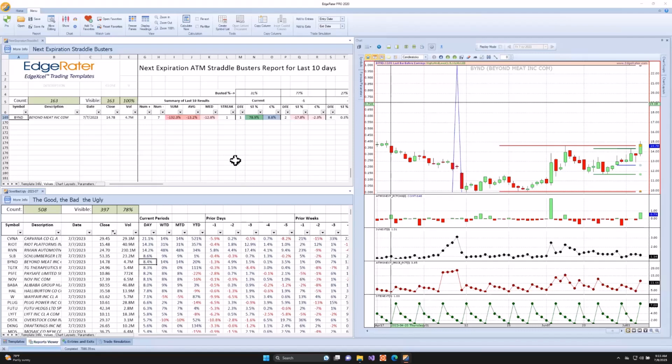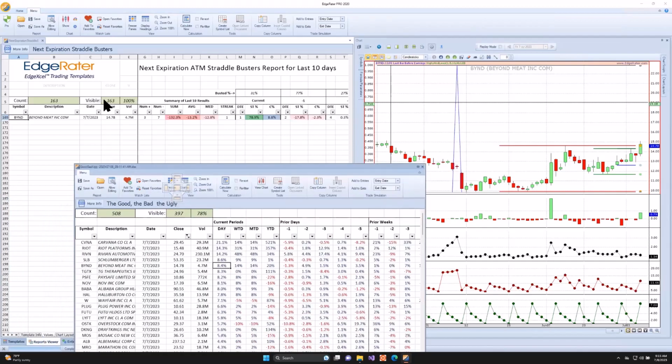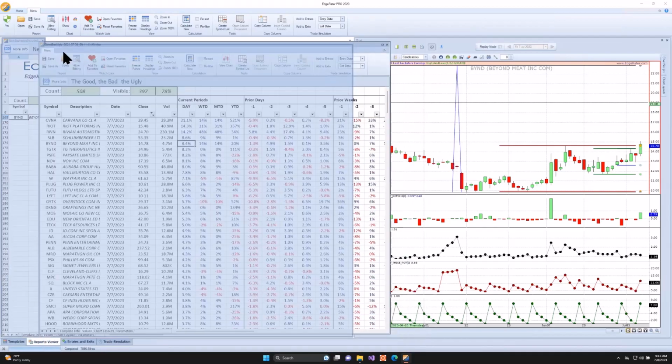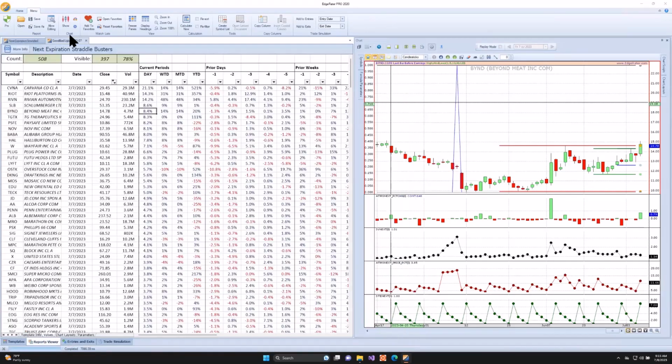If you have these two reports, this is a good way of organizing any workspace. Once you've got more than one report in the reports viewer, you can arrange them by just dragging the tab. I can drop this report into the main area with the other one, and it appears as a tabbed report next to the other report, or I can just pick it up and drag it.